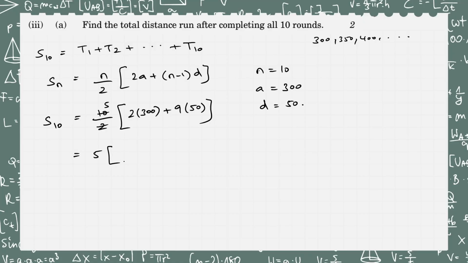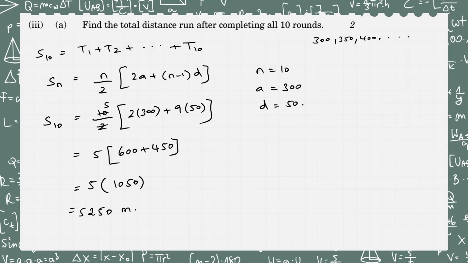So 5 into 2 times 300 will be 600, and 9 times 50 will be 450. And this is 5 into 600 plus 450, which will be 1050. And multiplying 1050 with 5 we get 5250 meters. So when a person completes all the 10 rounds, they would have covered 5250 meters in total, right?